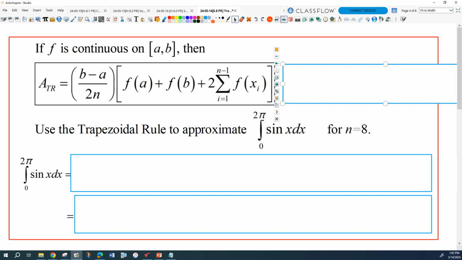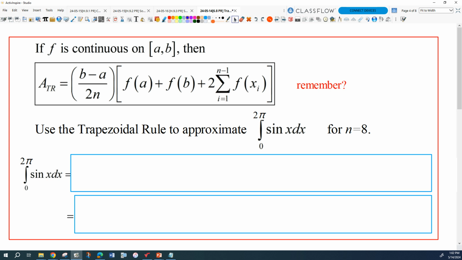And remember, we've got to define that. What is x sub i? It's just a plus i delta x, right? That's it.